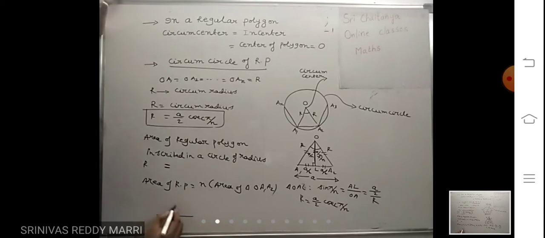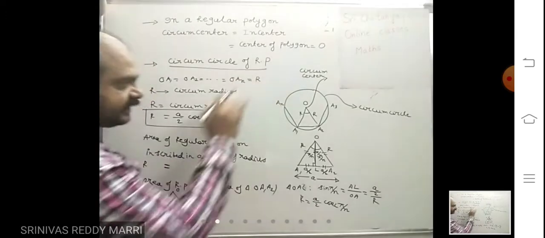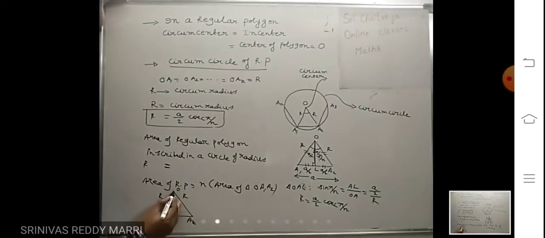Look at here. This is the triangle like this. Only the radius of the circle is given, side is not given. Only this radius of the circle is there, that is given. Now I will drop a perpendicular.